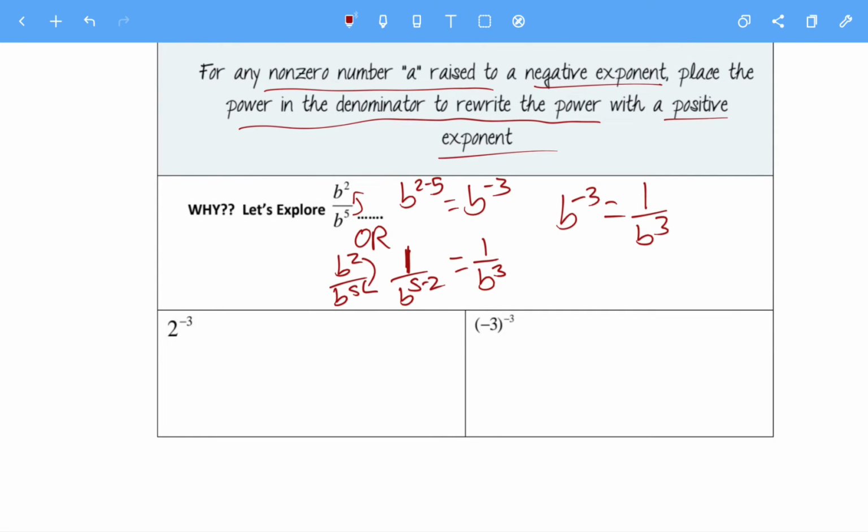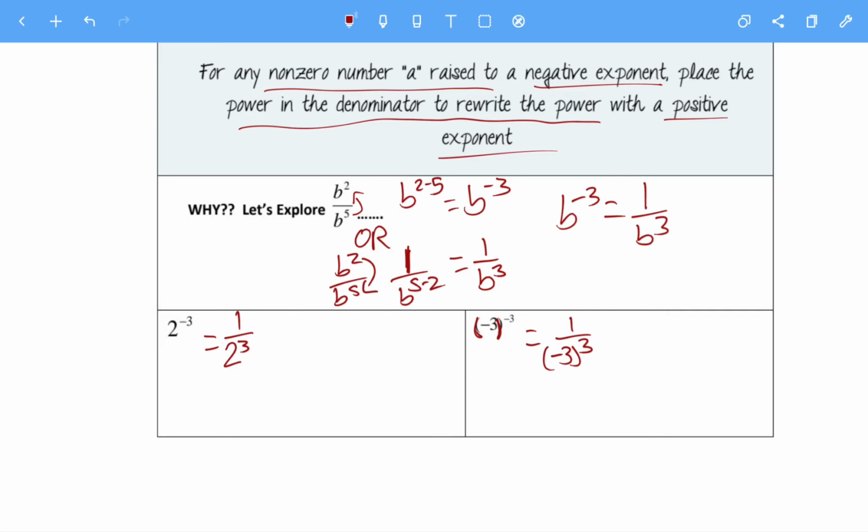So if we look at these examples here, we have 2 to the negative 3. This is the same as 1 over 2 to the 3rd power. And now same here, we have parentheses, so that whole piece is going to be brought down into the denominator. So this is 1 over negative 3 in parentheses to the 3rd.